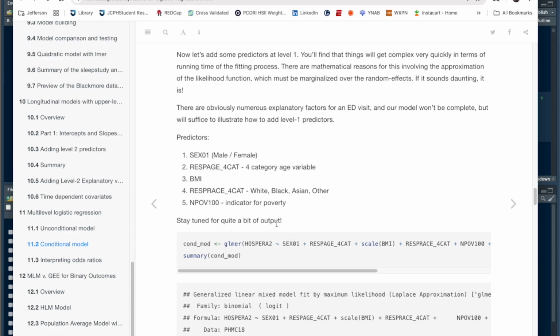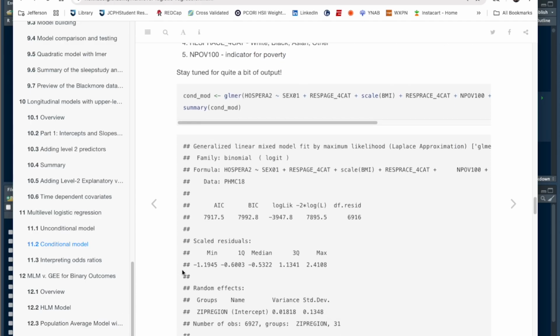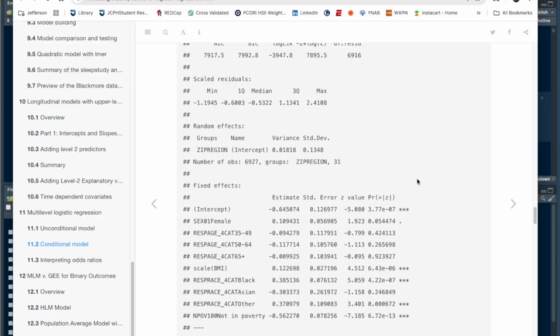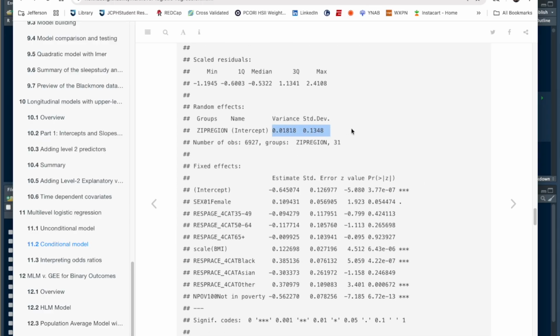So here we're just going to try to model a person's log odds of an ED visit based on their sex, age, BMI, race, and an indicator for their level of poverty. So we do that, and as usual, we get information. Now, interestingly, this doesn't always happen. Usually we have variance shrinking at the cluster level when we have cluster predictors, but here we have only person level predictors.